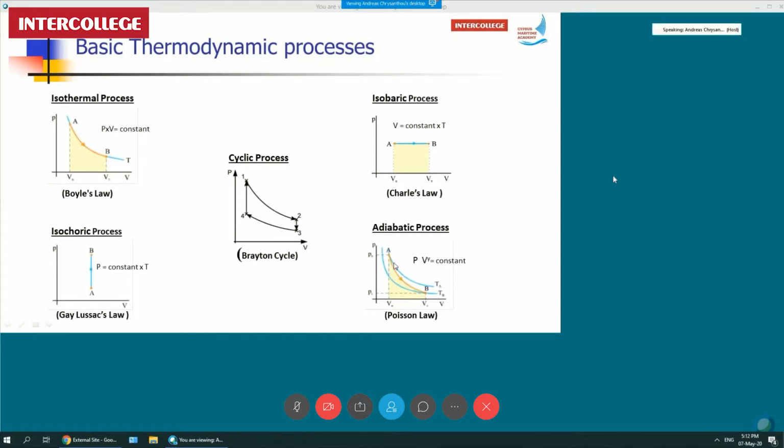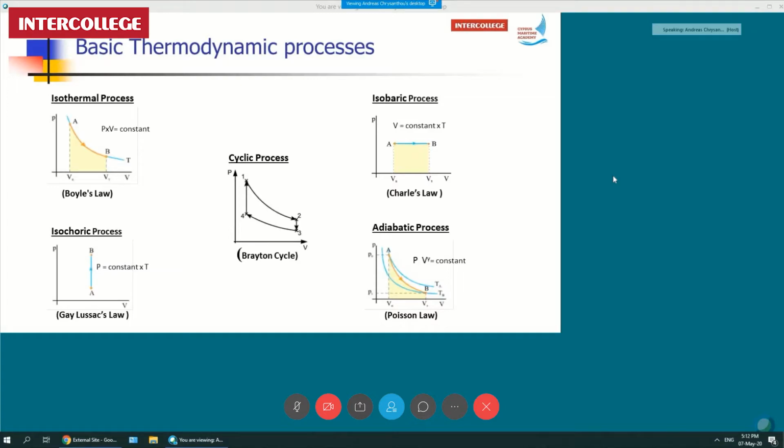Now, these processes obviously are happening on substances. Substances can be various things. Can be gas, can be liquid, it can be a mixture. It's like how water is changing when pressure is changing, when you are adding heat. So when we're talking about a process here, we're talking about the state of a substance changing along a particular condition.